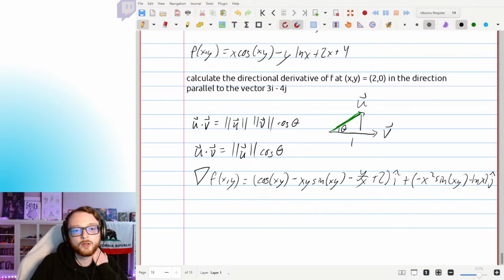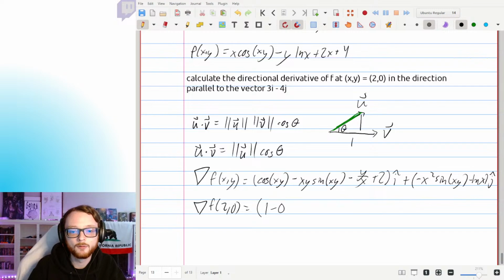Now we need to evaluate it at the given point, (2, 0). So cosine of 0 is 1. I don't care what any of this is. I just know we have a y in front, and y is 0, so that's 0. That's 0 plus 2.